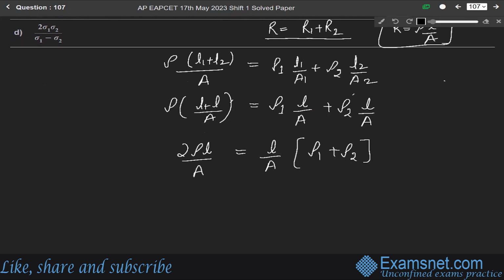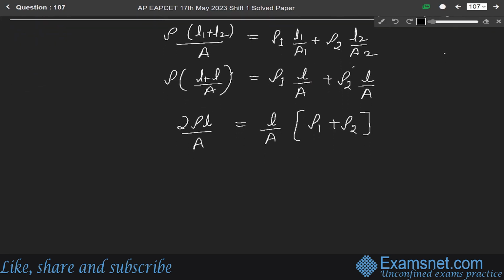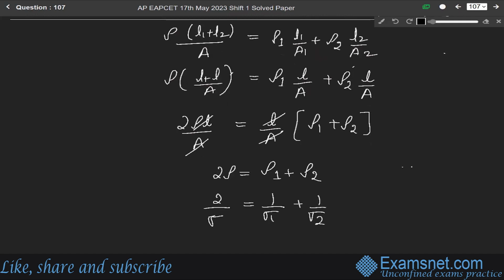Okay, so L cancels, A cancels, so 2 rho will be equal to rho 1 plus rho 2. So we write 2 over sigma is equal to 1 over sigma 1 plus 1 over sigma 2, since rho is equal to 1 over sigma.